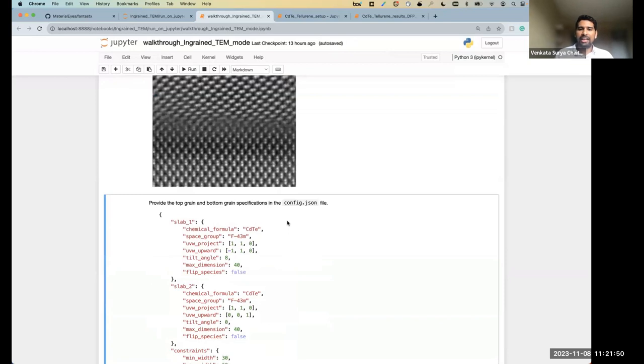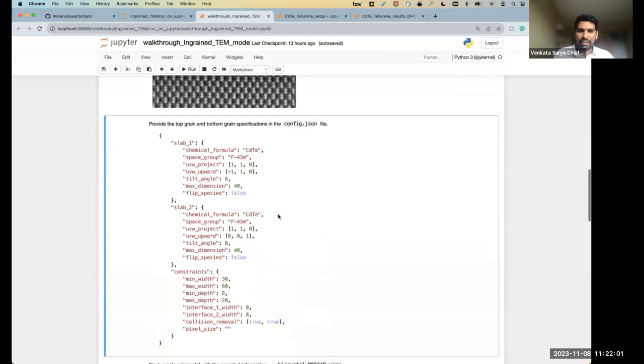Once we have the experimental image ready, all the input parameters for the TEM mode go into the config.json file. In this file, we provide the information about the top grain, which is slab 1 here, like the chemical formula and the space group. Ingrained will use this information to pull the structure from the Materials Project database. We also provide the UVW project and upward, which are the directions perpendicular to the screen and in the upward direction.